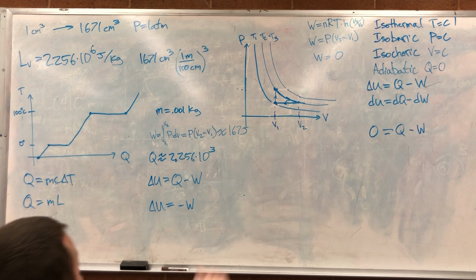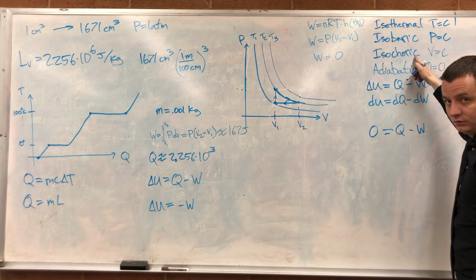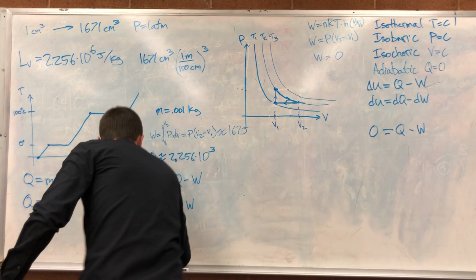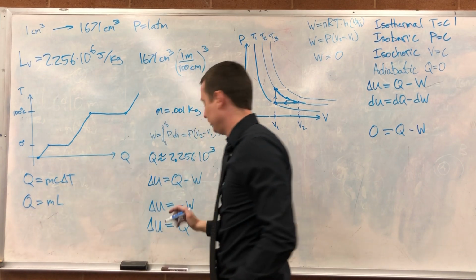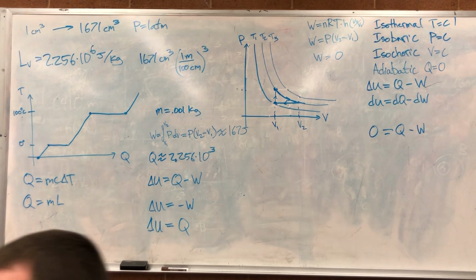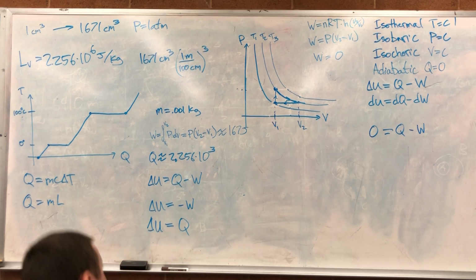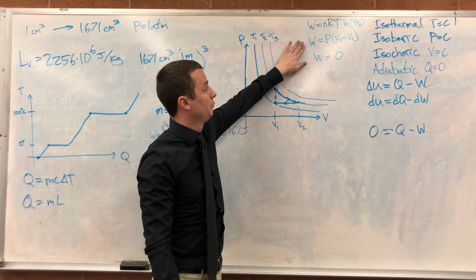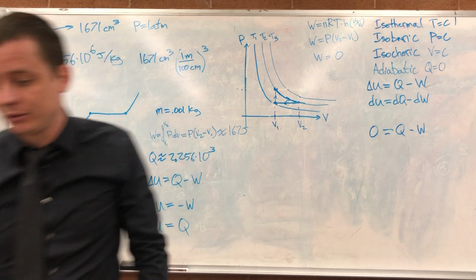So if you have constant volume here, then you know that your work is always 0. And so in that case, your change in internal energy is just equal to the amount of heat added to the system. Oh, that makes sense. For an isobaric process, we can have both heat and work, but here's how we calculate the work. Isobaric means constant pressure.